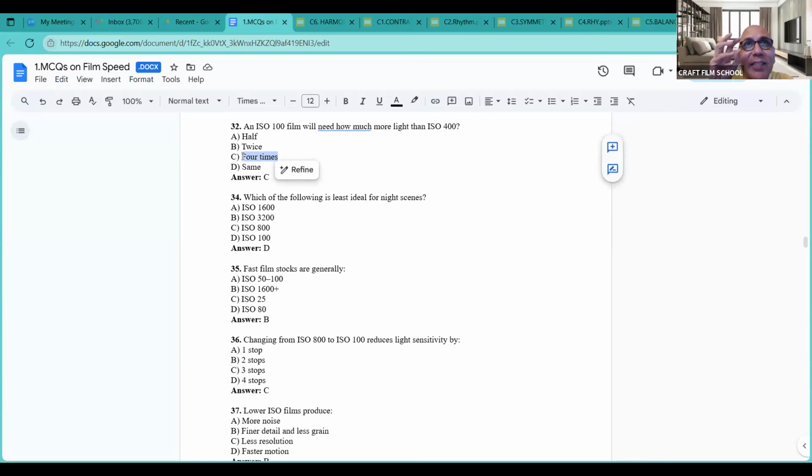Now try to understand this. An ISO 100 film will need how much more light than ISO 400? So the stops are 100, 200, 400.